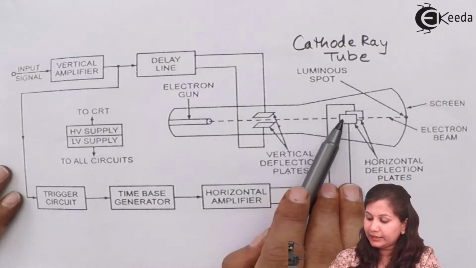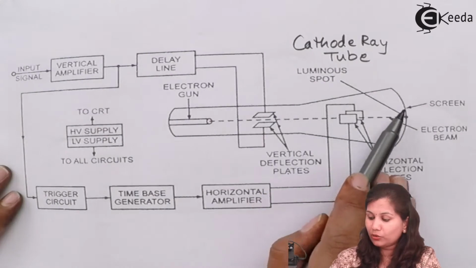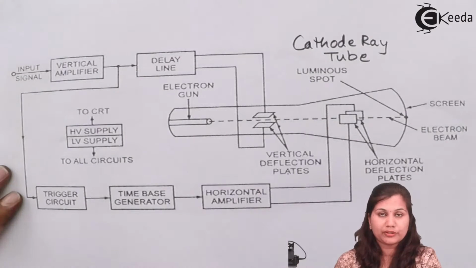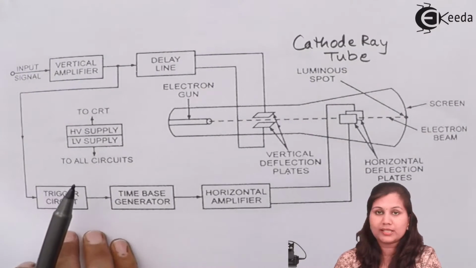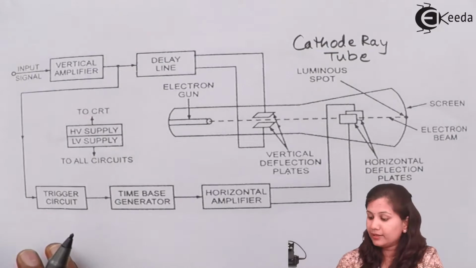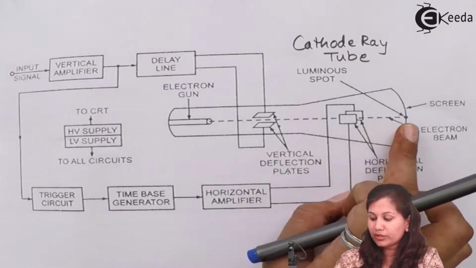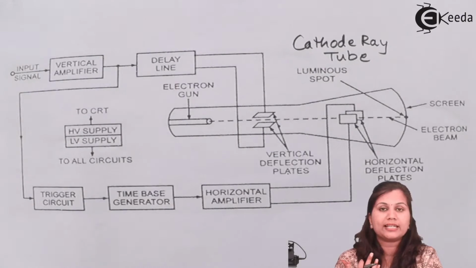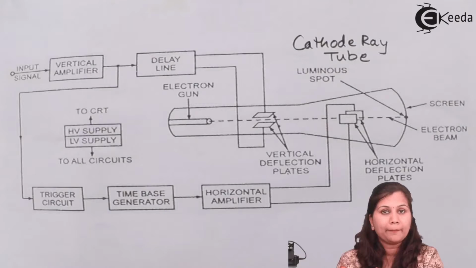After that, it is going to strike the screen. This screen is a phosphorus screen, which is coated with aquadag. When this beam of electrons strikes this phosphorus screen, it produces fluorescence, or we can say luminescence.